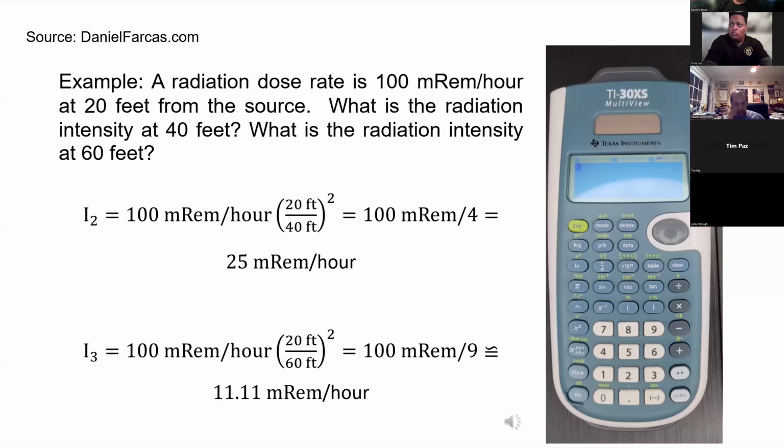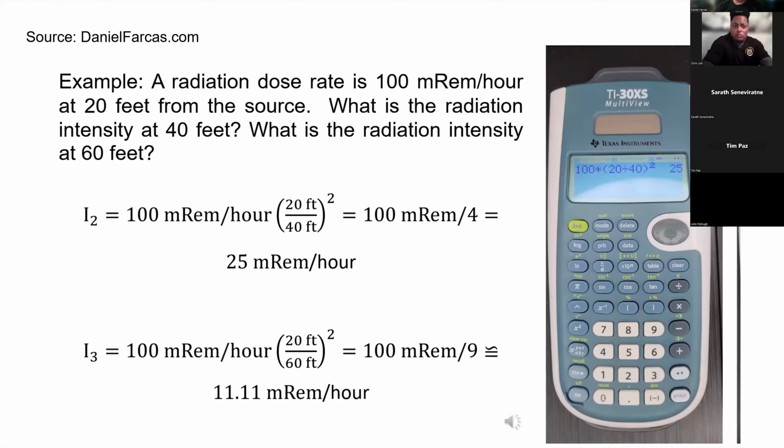The intensity at 40 feet equals 100 times (20 divided by 40) squared, which equals 25 millirems per hour, which is actually 1/4 of the original value.